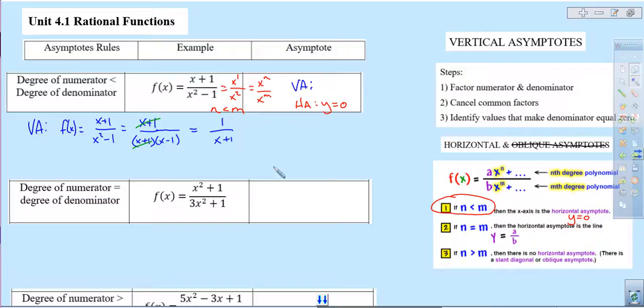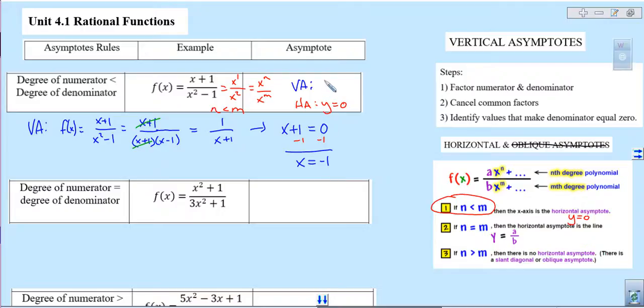In that case, that guides us to where our vertical asymptote is, because at this point we cancel our common factors, and we identify the values that make the denominator equal 0. So to find my vertical asymptote, I take my denominator and I set it equal to 0. I solve it for x, and I say that x is equal to -1. And that right there is my vertical asymptote.